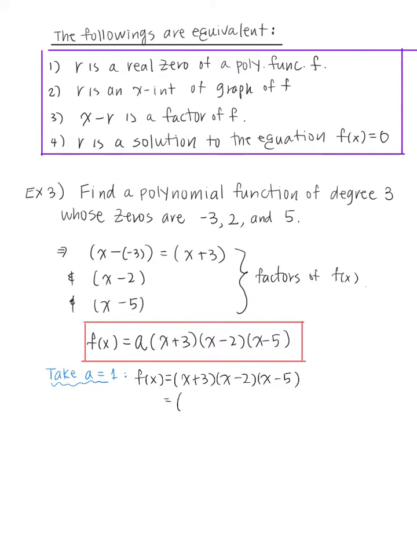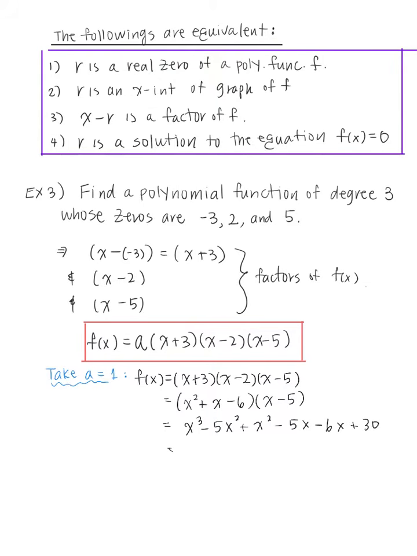So this is the same thing as (x squared minus 2x plus 3x minus 6) times (x minus 5). Did I do that right? I think that's right. So this is going to equal x cubed minus 5x squared, plus x squared minus 5x, and then minus 6x, and then plus 30.